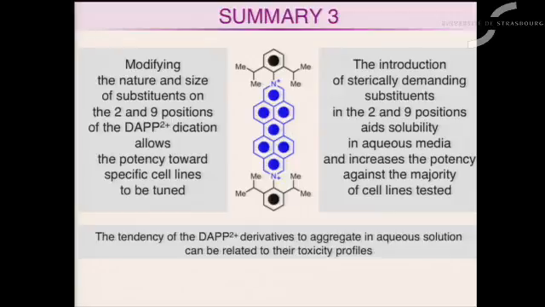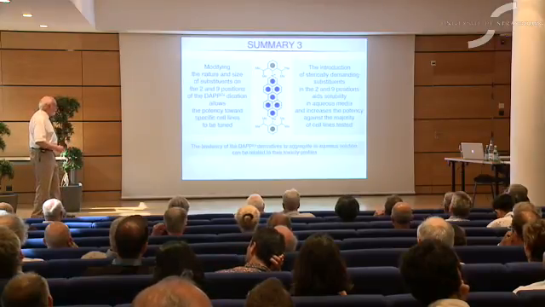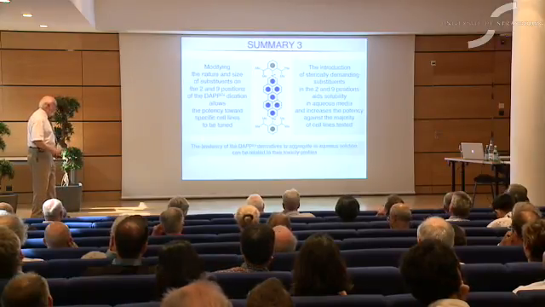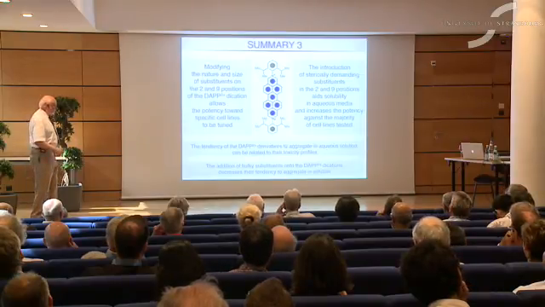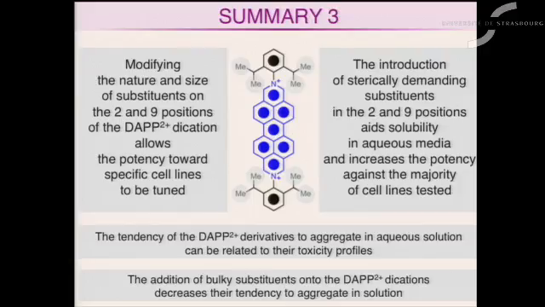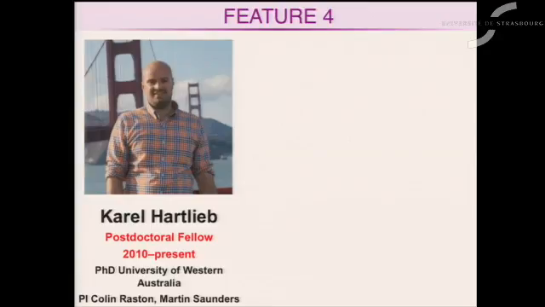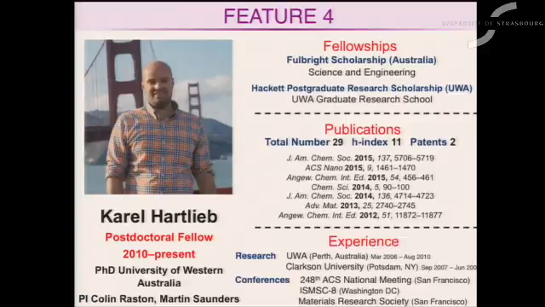And that tendency to aggregate is at the bottom of the reason why this happens. The fact that this one can't aggregate means that it can play its role as at least an anti-cancer type drug in terms of in vitro studies. The person who's led the charge here is this Australian postdoc, Carol Hartlieb, who's been with me for some time.